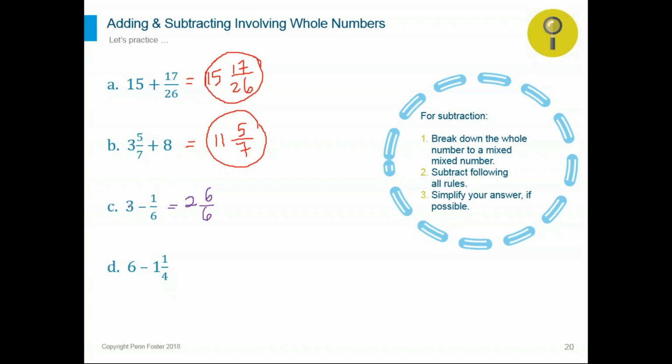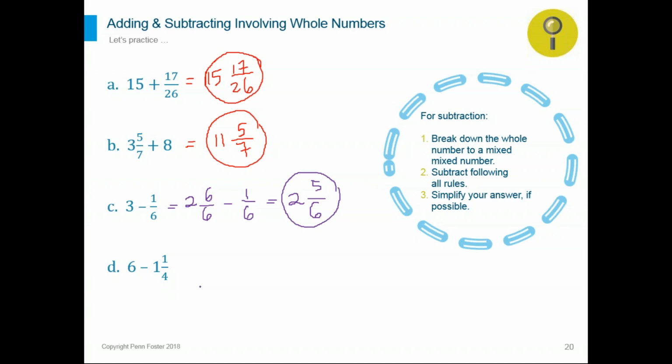So 3 can be represented as 2 and 6 over 6, minus 1 over 6. We have the same denominator automatically because you choose to do 6 over 6, not 7 over 7, for example. So you're going to do the subtraction. 2 minus nothing is 2. 6 minus 1 is 5, and the 6 will stay, nothing to simplify further, and that's it.